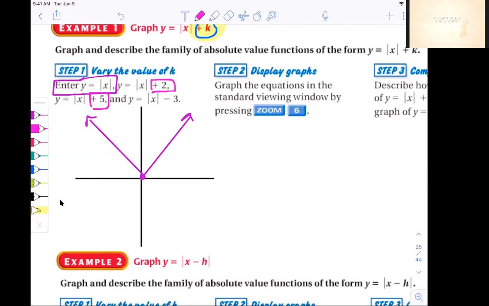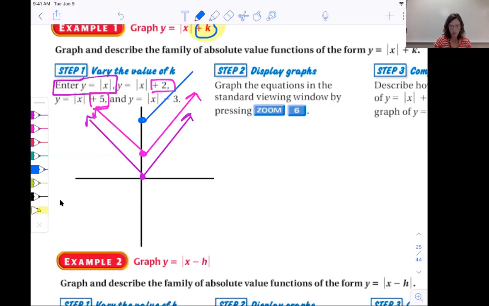So if it was plus 2, maybe it's up here now on the y-axis. So it's moving up the y-axis. But the graph should look the same. The shape of the graph should not change. So it increases it on the y-axis, and we like to say it moves it up. The plus 5 is even going to move it up further.